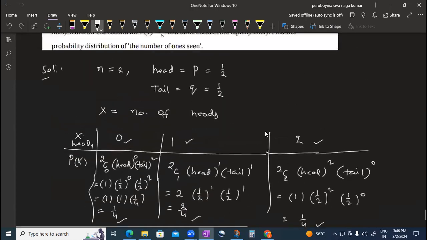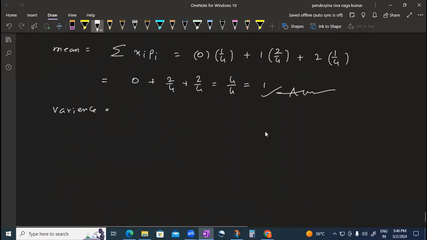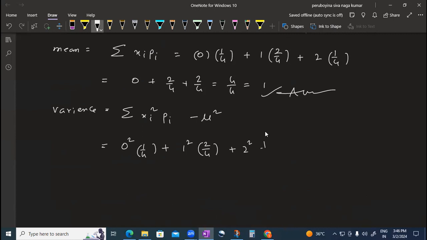Now it is asking for the variance. The variance formula is sigma xi square pi minus mu square. Xi square means 0 square into 1 by 4, 1 square into 2 by 4, plus 2 square into 1 by 4, minus mu square, which means mean square, 1 square.